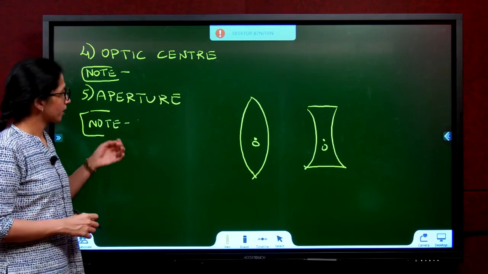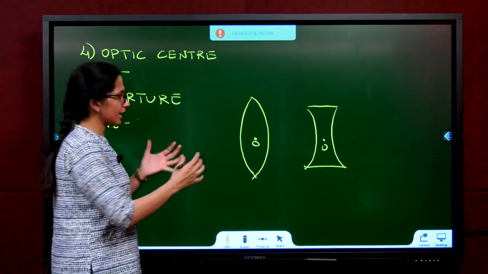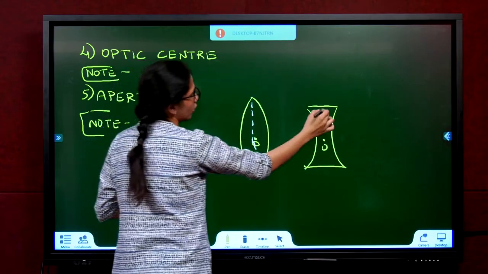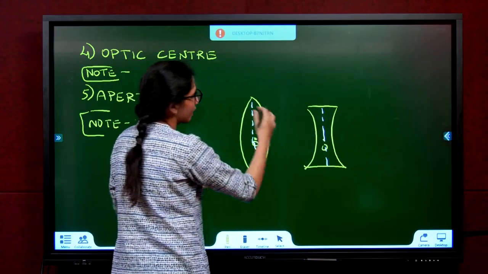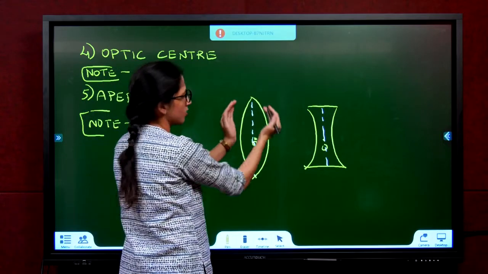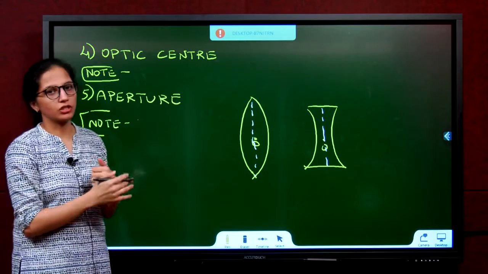Next, aperture. How do we define aperture? Same like how in mirrors, this maximum line is called the diameter of the lens. So, the effective diameter of the circular outline of the spherical lens is called aperture.